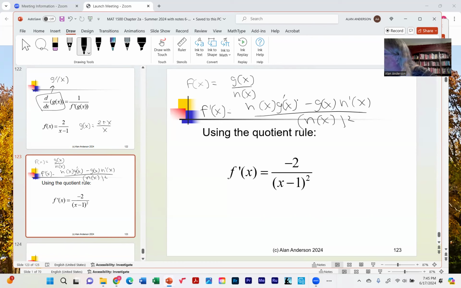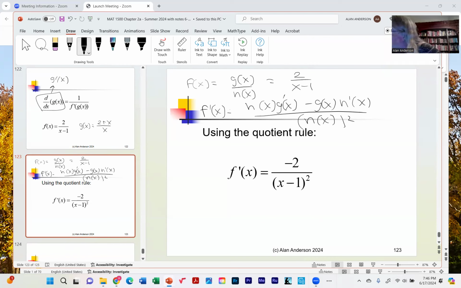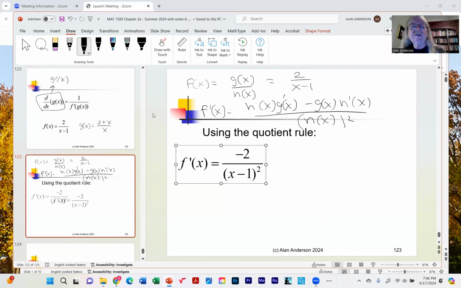Okay, so the original function was 2 over x minus 1. So using this notation up here, that means that g of x is 2.